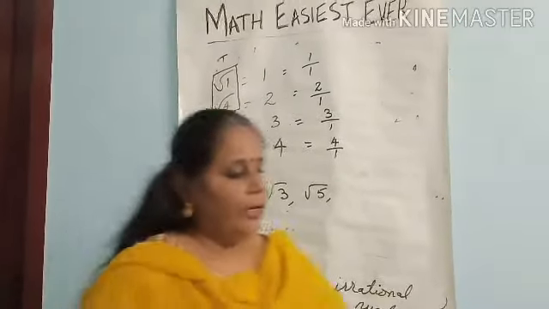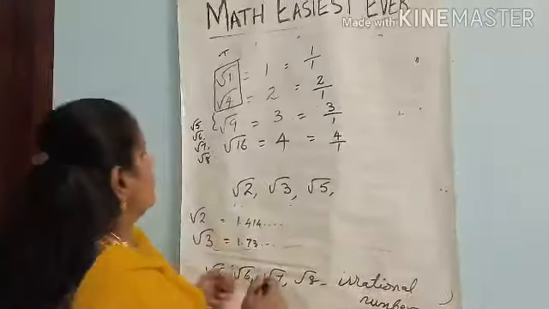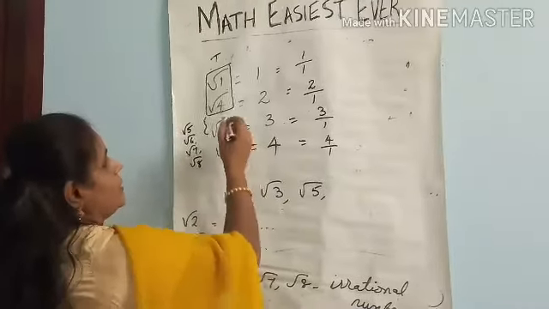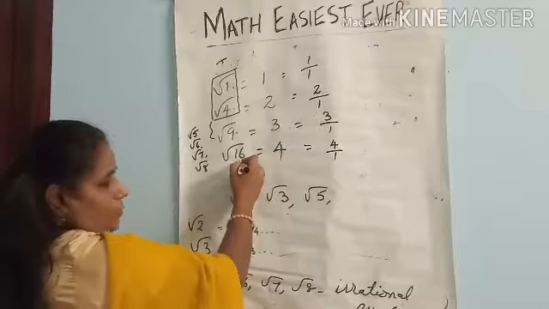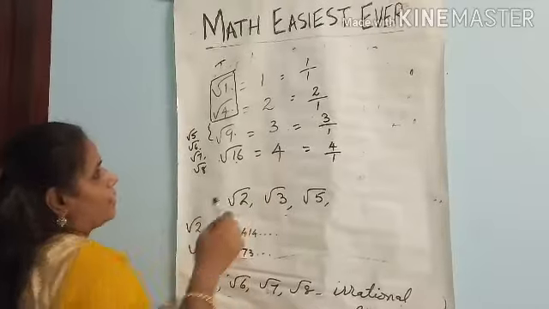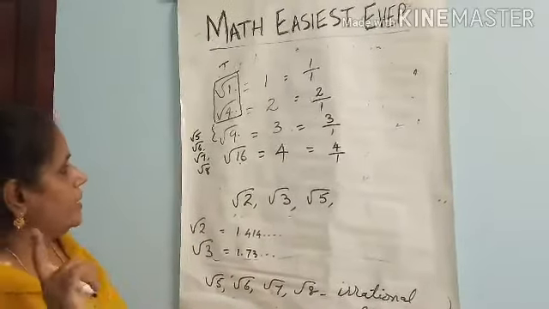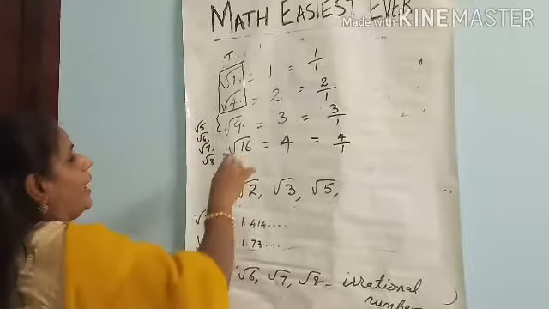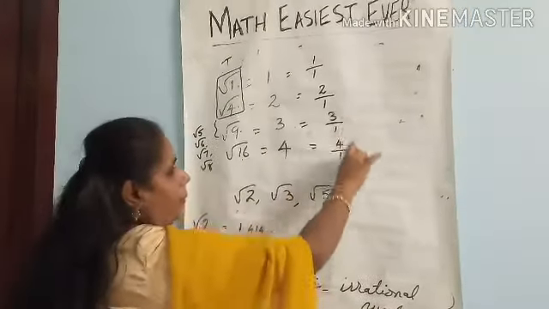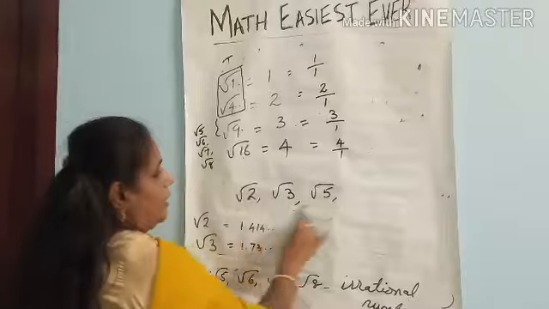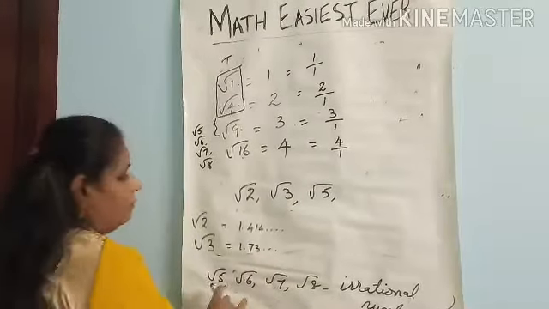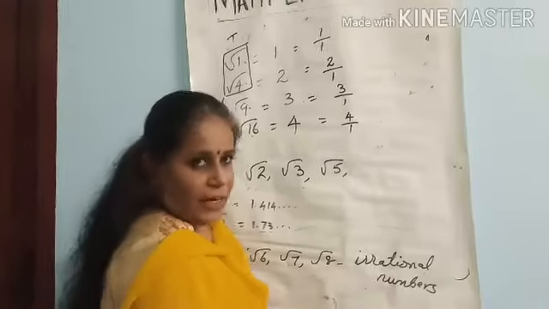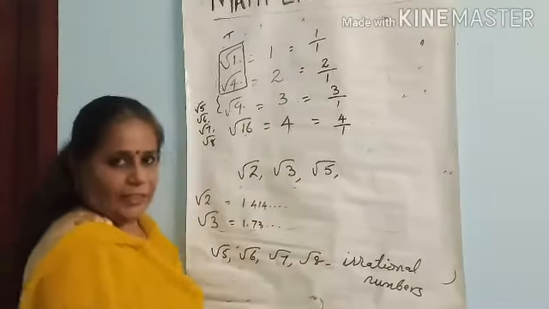These are also irrational numbers. So, rational numbers are root 1, root 4, root 9 and root 16, the perfect square numbers. They can be written in the form of P by Q, whereas these other numbers cannot be written in the form of P by Q. Therefore, these are irrational numbers. Hope it's clear for you children.